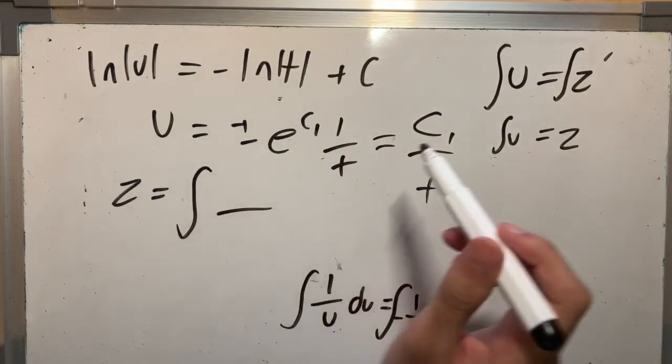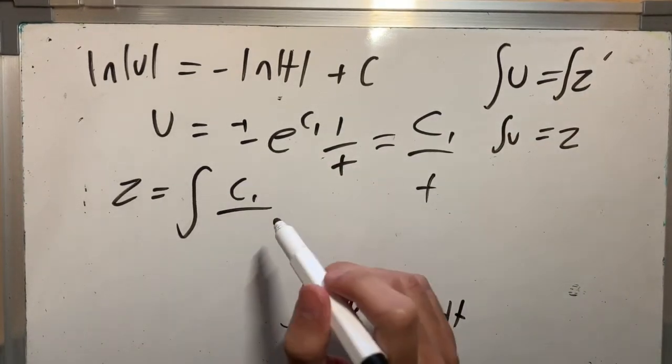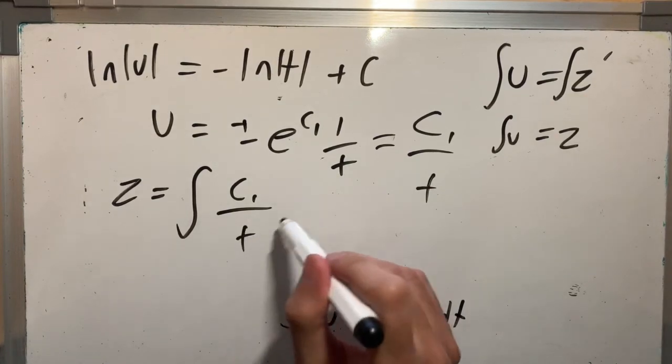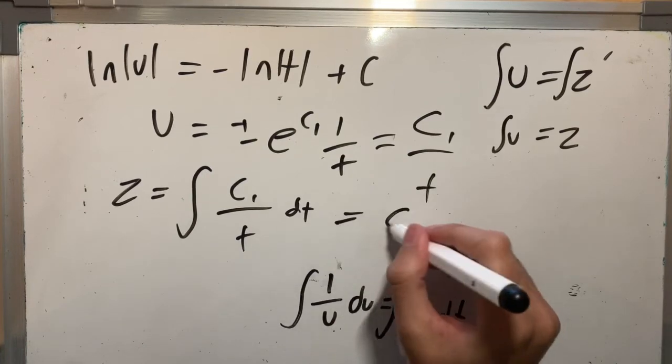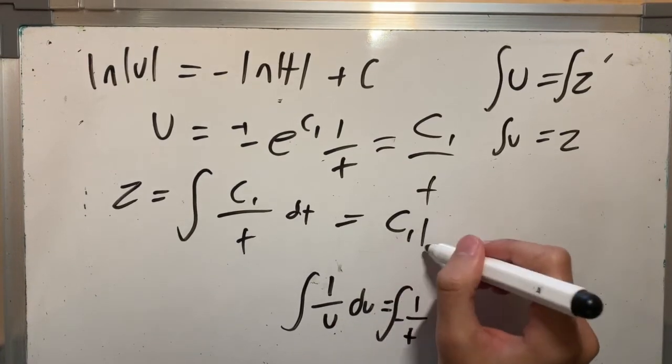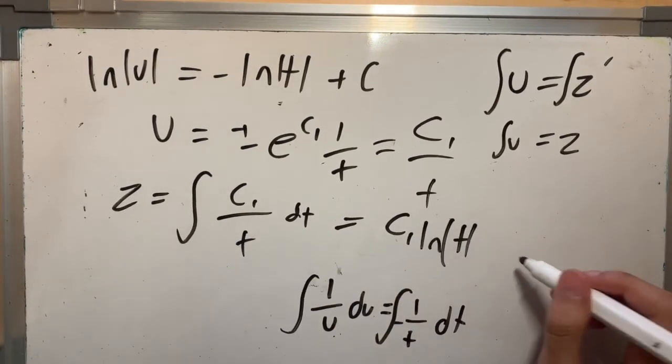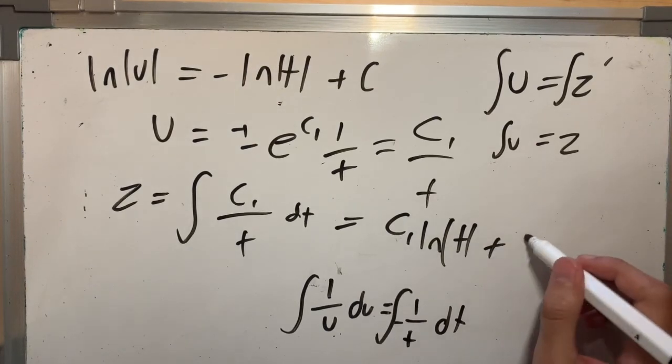So the integral of u, which is now equal to c1 over t dt, this entire thing is equal to c1 ln of the absolute value of t, plus c2.